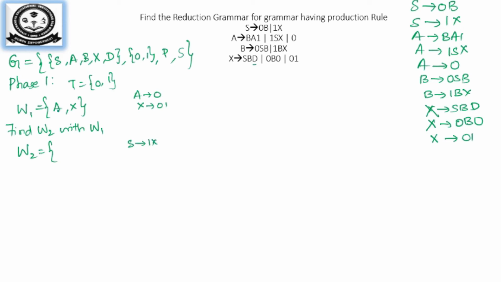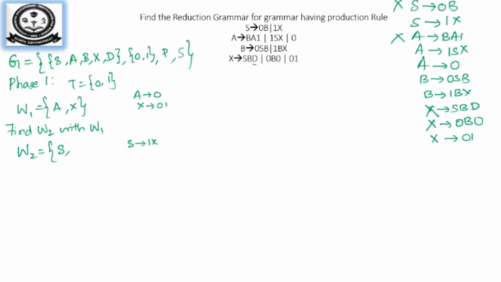X is already there in W1, so you can include S. Next, what else can be derived? You can see here A can derive BA1, where B is not in W1. So this is not included, and this is also not included, because B is not there.